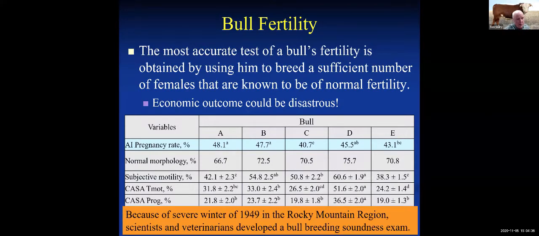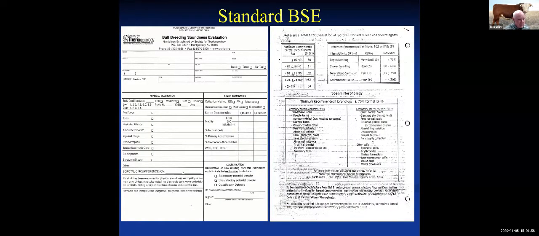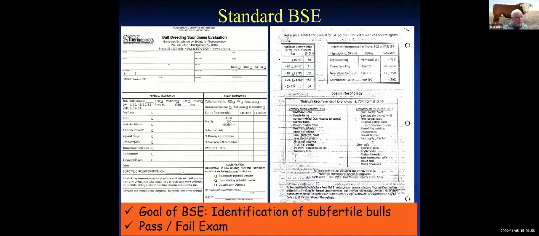I don't know how many people know this, but it's because of the severe winter in 1949 in the Rocky Mountain region, which does predate my life, surprisingly to some of you, that scientists and veterinarians developed a bull breeding soundness exam, and I know that our next speaker's going to talk about this a lot. This is what that exam looks like, and I only want to drive home 2 points.